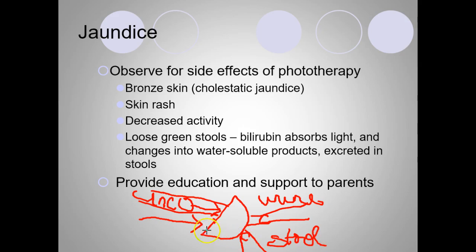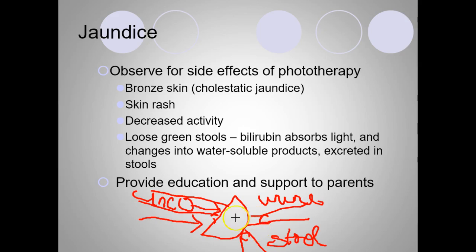So you guys, after the liver processes it, it's now water soluble, it's processed by the body and is excreted. The conjugated bilirubin is excreted in the urine and in the stool.